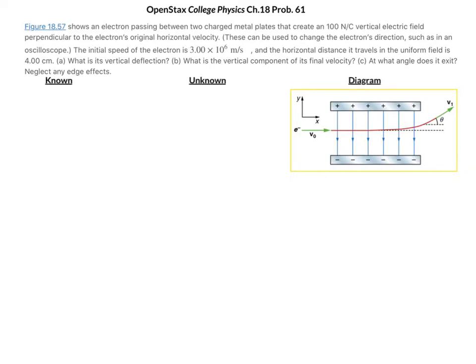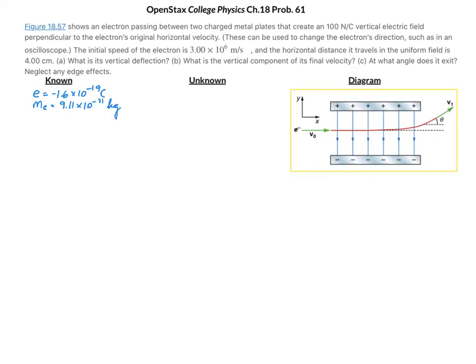So let us start out by writing out the knowns and the unknowns. We know that we're dealing with an electron. So from a table, we know that the charge of the electron is negative 1.6 times 10 to the negative 19 coulombs, and the mass of the electron is 9.11 times 10 to the negative 31st kilograms.